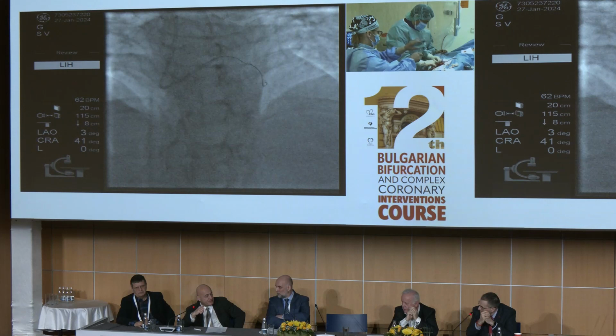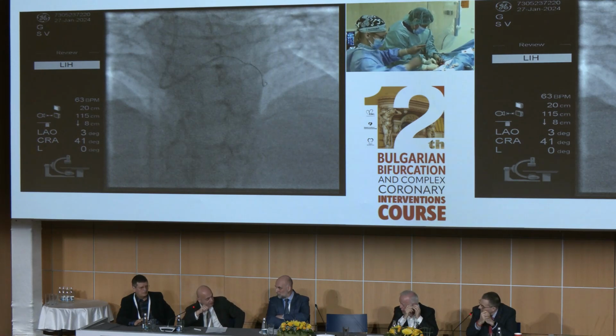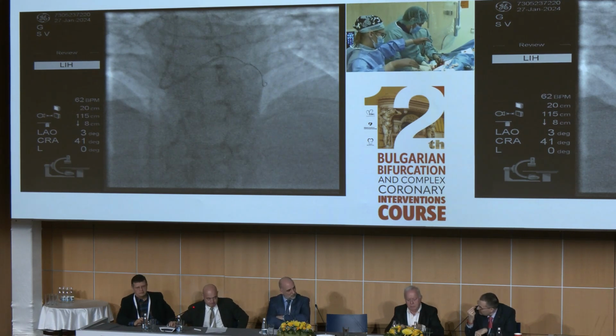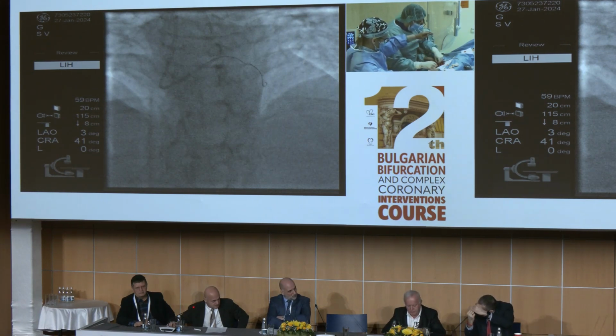So the proximal marker of the side branch balloon is on the bifurcation. Yes. The marker is inside the stent. Only the marker is inside the stent. You see the stent. The marker is placed inside the stent.